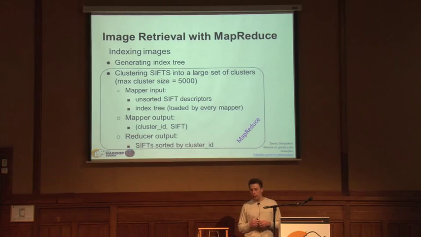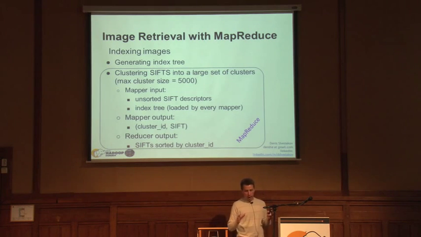Okay, so the mapper emits pairs of cluster ID and SIFT. Here, maybe you noticed that the output of our mappers is larger than the map input. Depending on how familiar you are with actual Hadoop jobs, in a typical Hadoop job the map output is smaller, or very often much smaller than the map input.